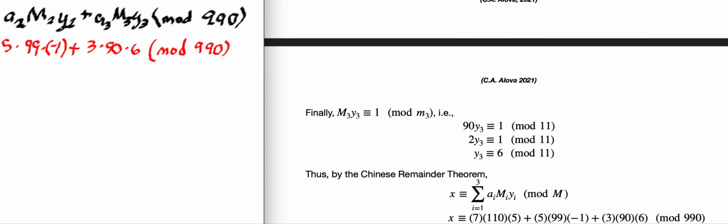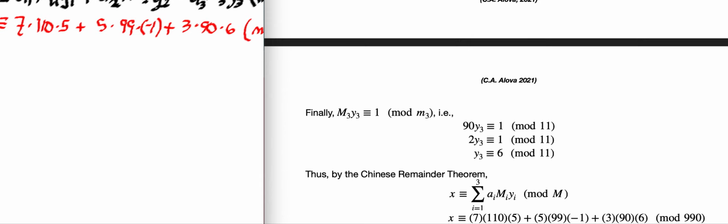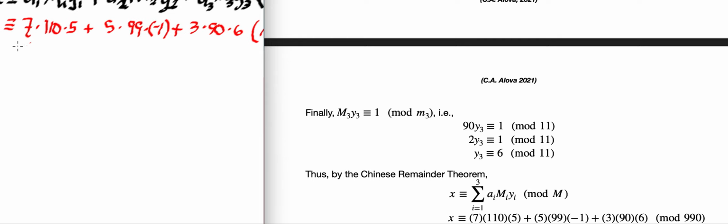Okay, now let's carry on with this. So let's do the maths. I think I'm going to need some calculator here. 7 times 110 times 5 is going to give us 3,850. So this is congruent to 3,850. Imagine there's a minus sign, so this should be minus.